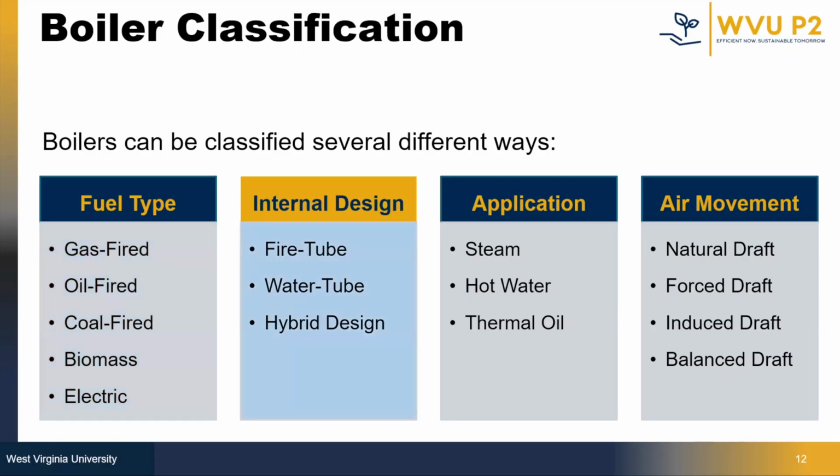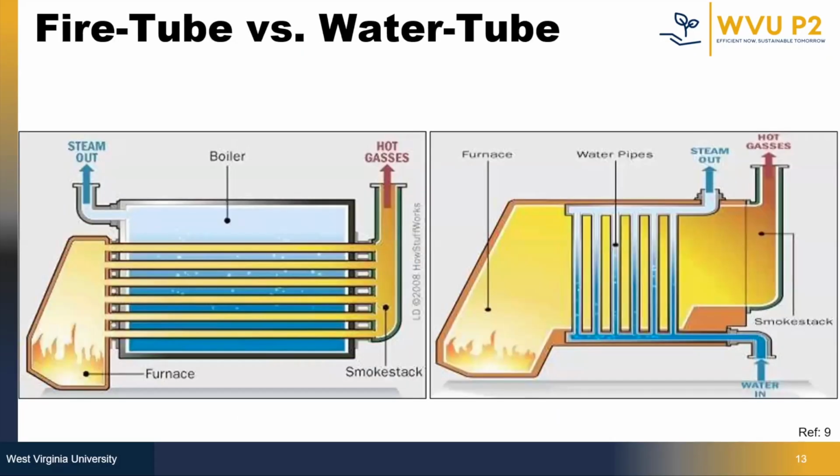So the next classification is internal design. With most boilers, if you open the outer shell, you'll find a series of tubes. Boilers can be classified by what is inside these tubes. The differences between the two are best depicted visually.